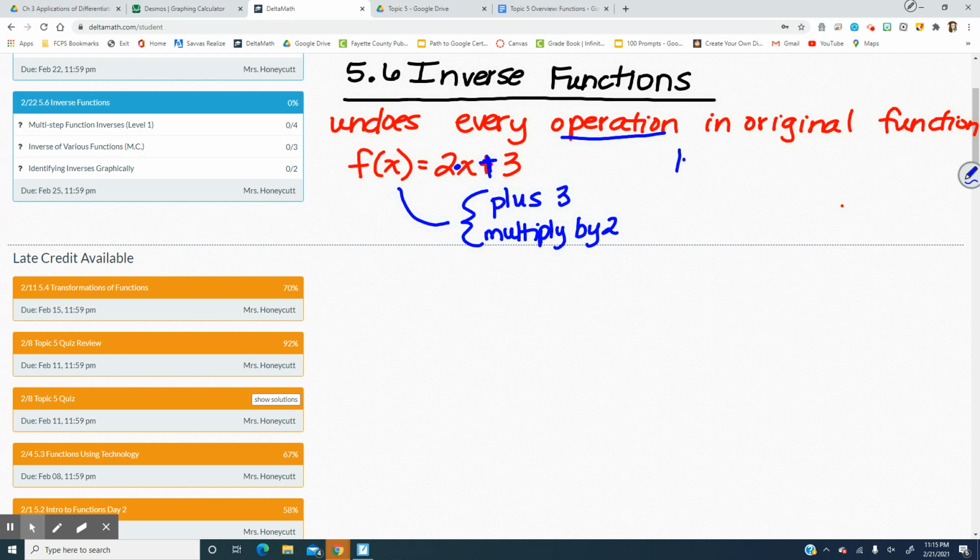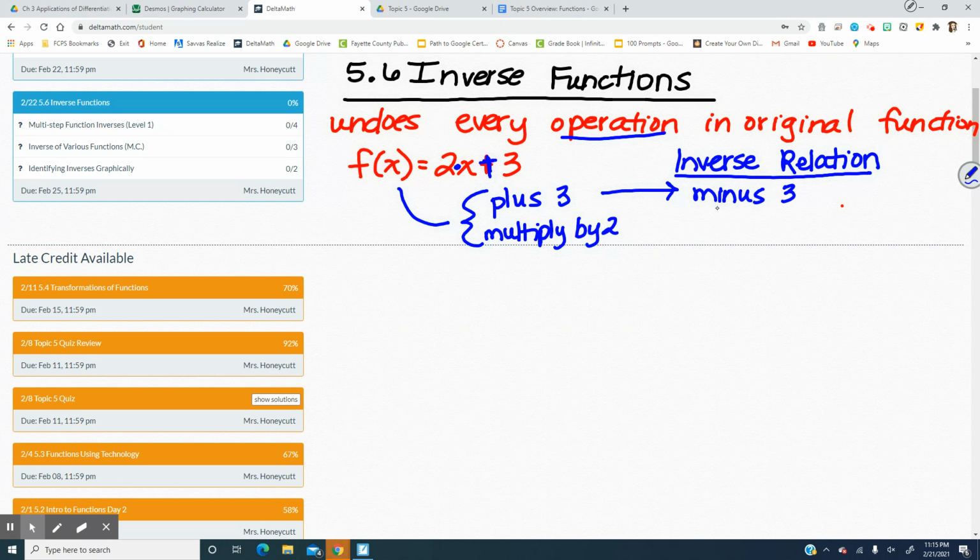Well, the inverse function, or the inverse, we'll call it a relation because we're not for sure if it's a function just yet, undoes every single operation that the original function does. So if the original function had a plus 3, the inverse relation is going to have a part that involves subtracting 3, because subtraction is the inverse operation to addition.